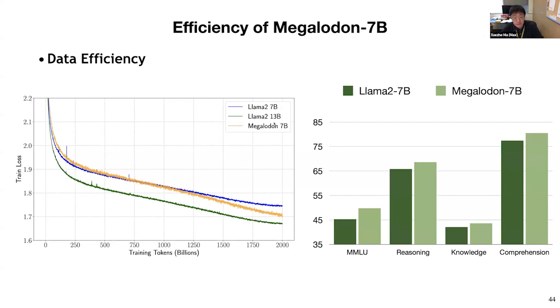And for Llama with 13 billion parameters, the final loss is 1.67. So our model with 7 billion parameters approaches the final performance of the Llama model with 13 billion parameters. We also evaluate our model on downstream tasks, and we see that on different downstream tasks, Megalodon is much better than the Llama 2 model with the same number of parameters.